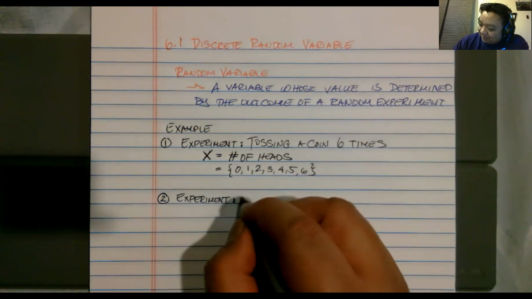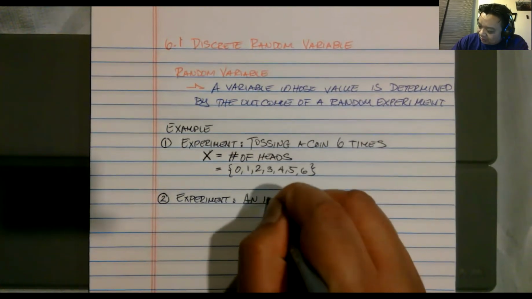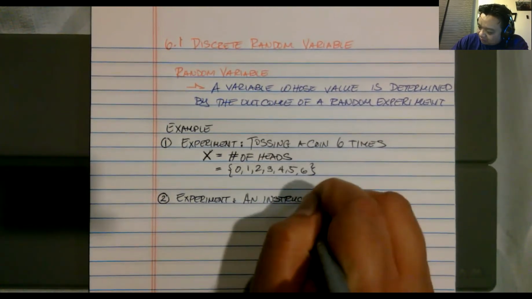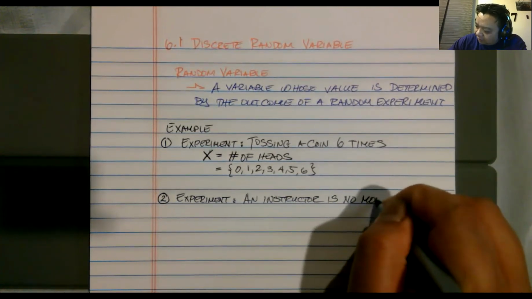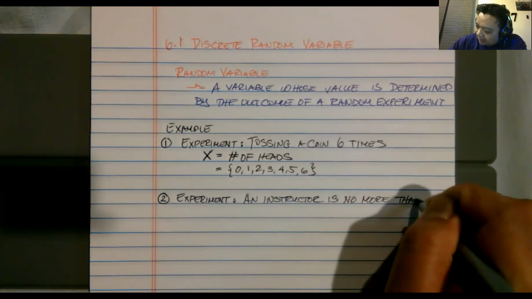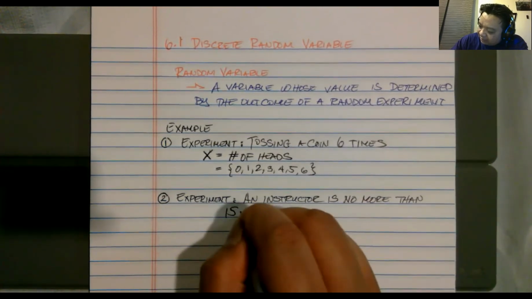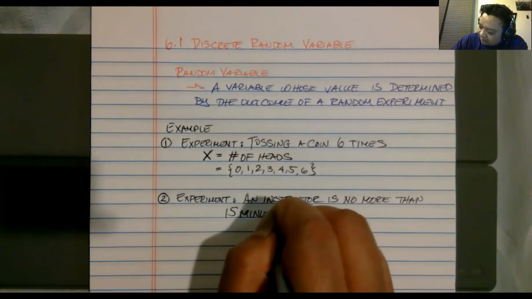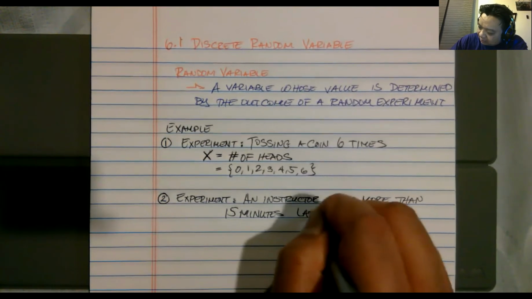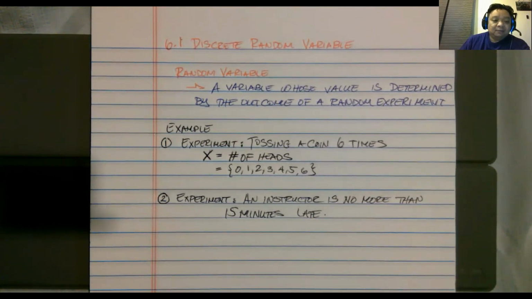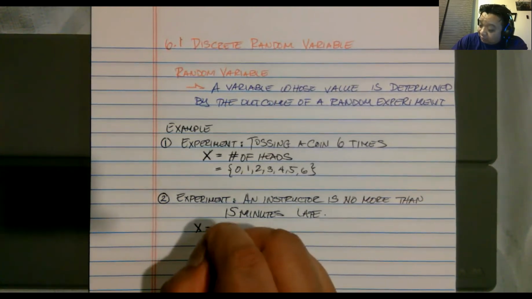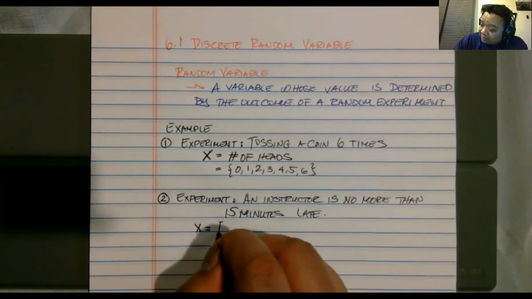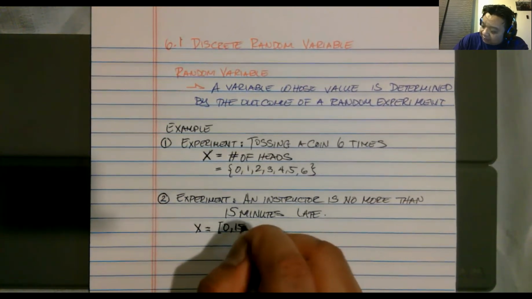An instructor is no more than 15 minutes late. And so x will take on values between 0 and 15.